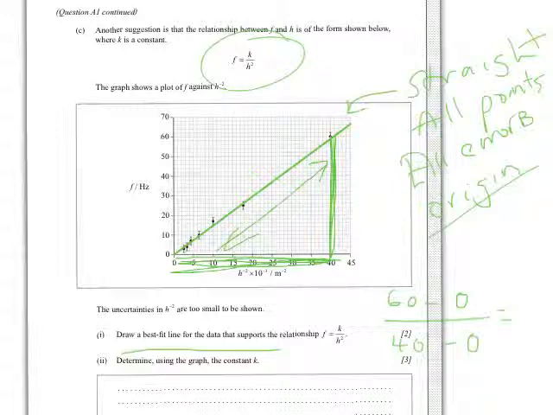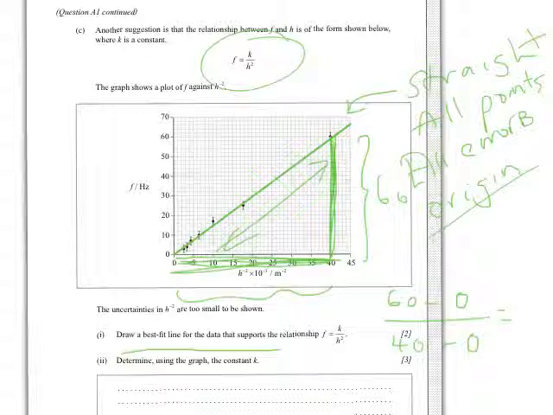Okay, so if I look at my points, I have 60 minus 0 over 40 minus 0 here. Okay, so I'm going to work that out, and I get 1.5 units.